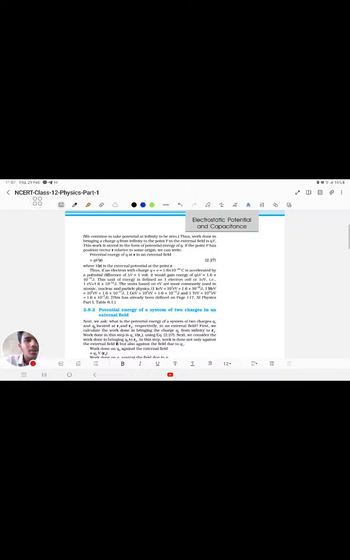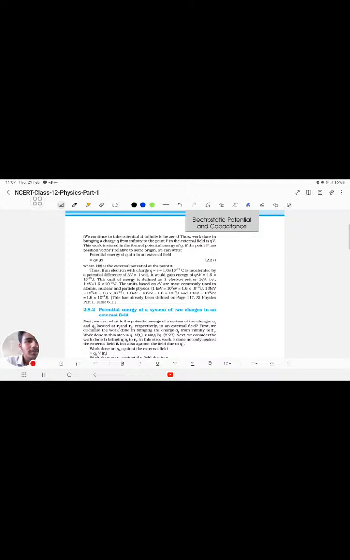Thus if an electron with the charge q = e = 1.6 × 10^-19 coulomb is accelerated by a potential difference of ΔV = 1 volt, it would gain an energy of q ΔV, that is 1.6 × 10^-19 joules. This unit of energy is defined as 1 electron volt.